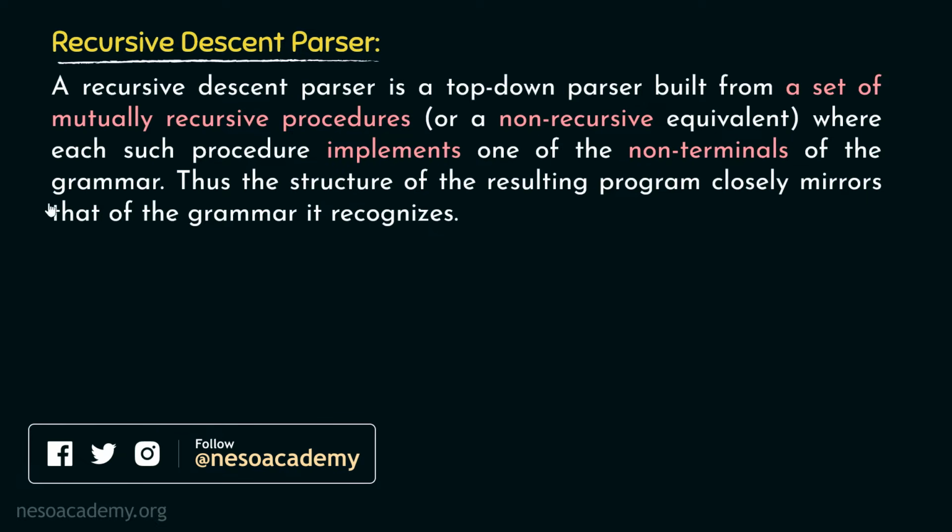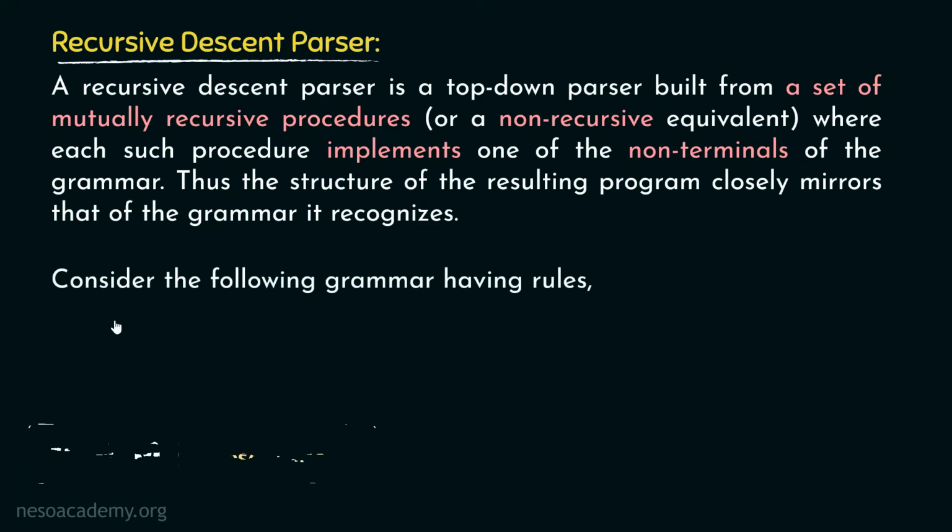Now, this particular definition will be more clear with the help of an example. So, consider the following grammar having the rules. E can be rewritten as I, E prime or E dash. And E dash or E prime can be rewritten as plus followed by I followed by E dash, or epsilon.